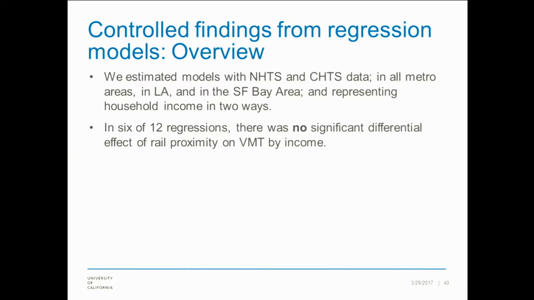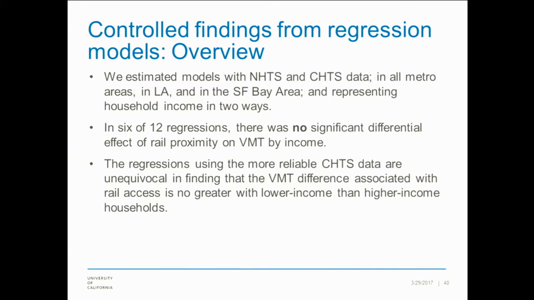If you go to the next bullet, number 3, when the regressions use the more reliable CHTS data, that's the California Household Travel Survey data, the ones that are more spatially specific and have a larger sample size, these are unequivocal in finding that the VMT difference associated with rail access is no greater with lower income than with higher income households.